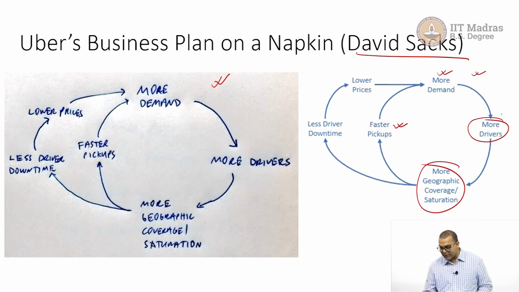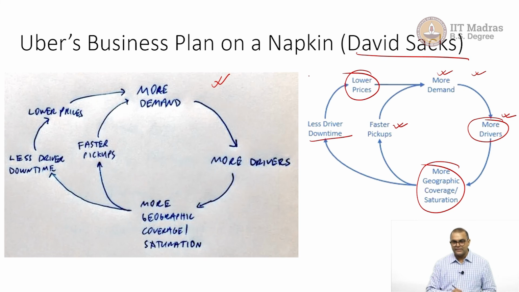And more demand will lead to more drivers. And of course, more geographical coverage will also have less driver downtime. And that will decrease the price of taxi service. And that will lead to more demand. So you see, the virtuous circle that I was talking about, that's what Uber's business is.